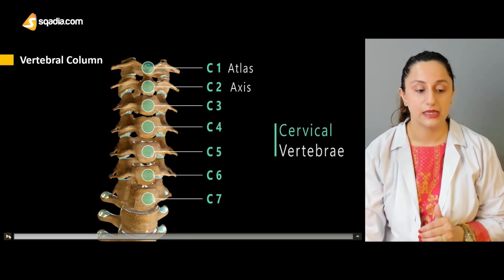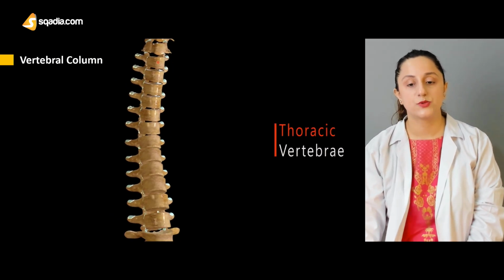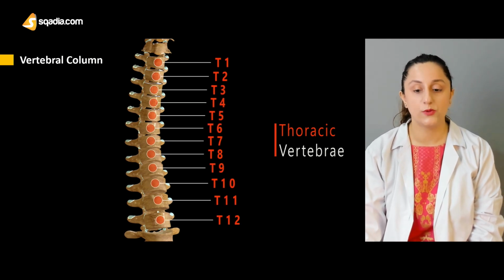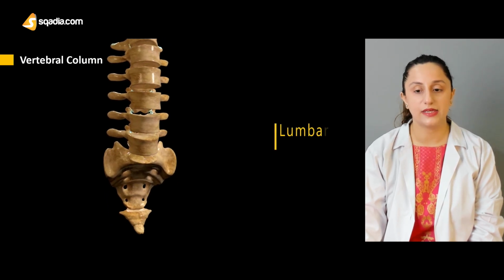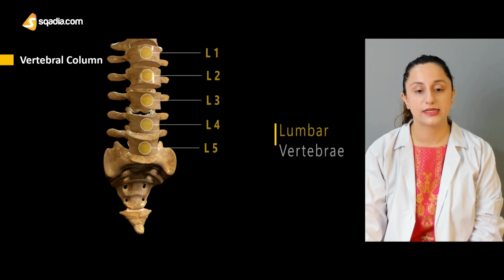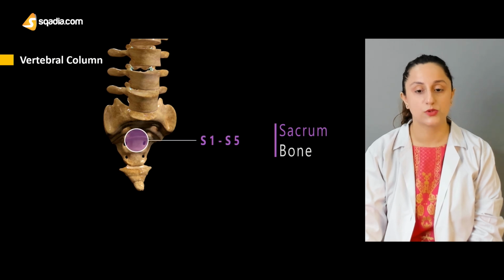Moving on, we have the thoracic vertebrae, and we have almost 12 thoracic vertebrae out here from T1 to T12. Then finally, we have the 5 lumbar vertebrae. Moving on, we have the sacral bone, which is S1 to S5 in a fused form.